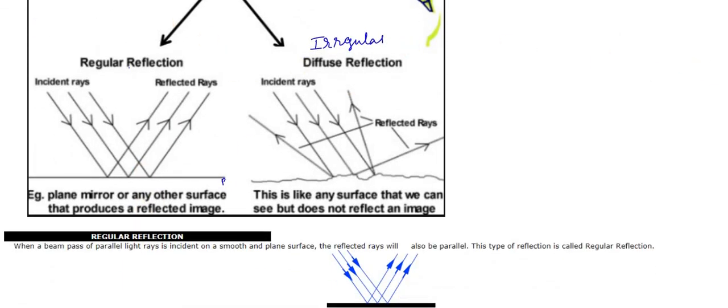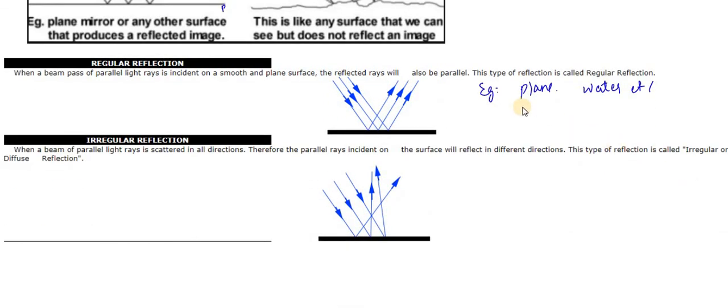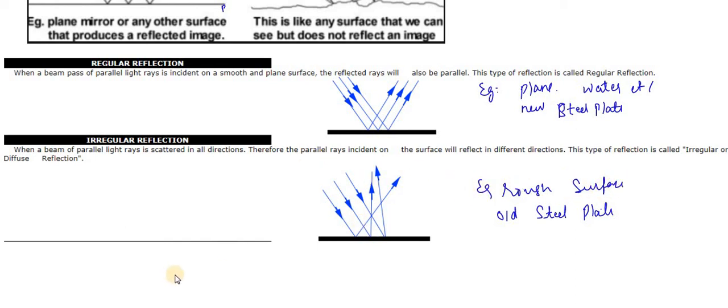For regular reflection, the examples you can give are the plane mirror, stagnant plain water, etc., and a new steel plate. For irregular reflection, an old steel plate and other rough surfaces. These are all examples where you can see irregular reflection.